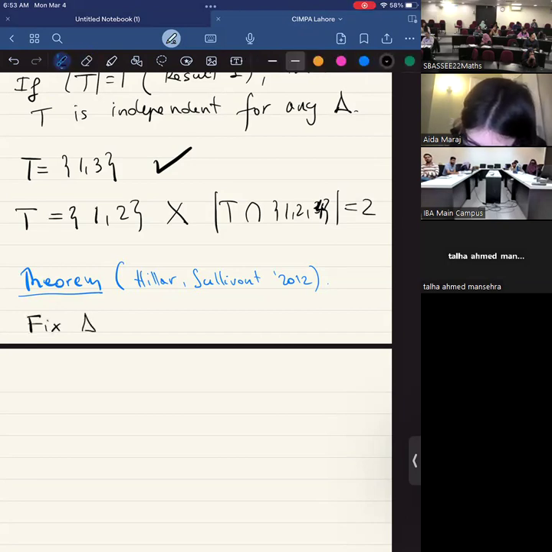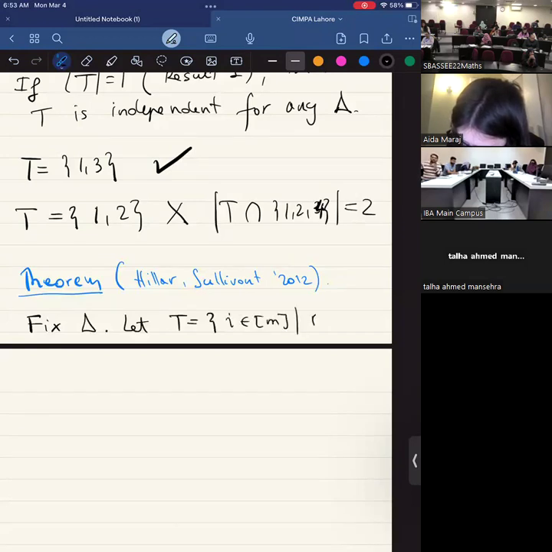Fix delta, and let T be the set of i's in M such that R_i goes to infinity, so it's varying.